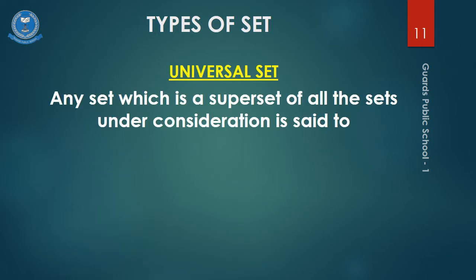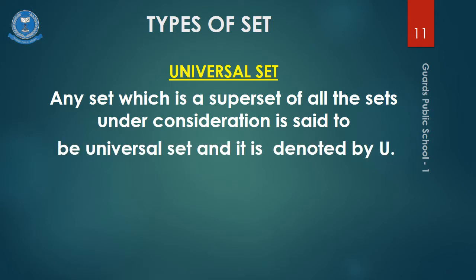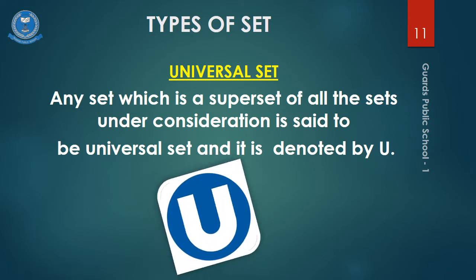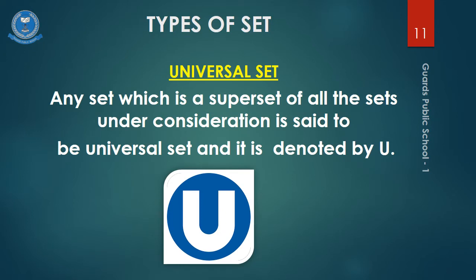Next is universal set. Any set which is a superset of all the sets under consideration is said to be a universal set, and it is denoted by capital U. It means the universal set is the set which contains all the elements under consideration.